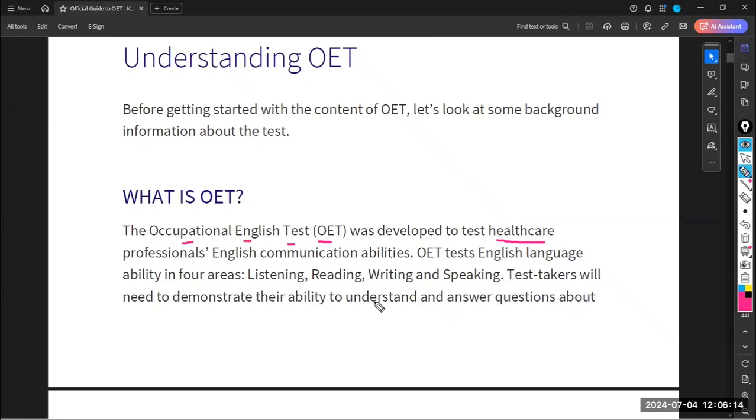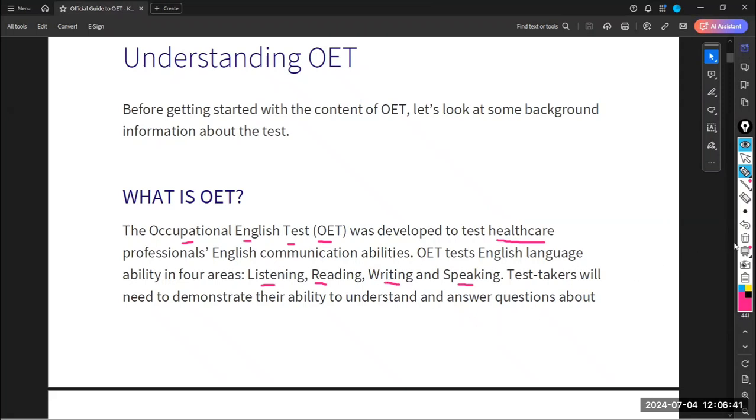So absolutely, like the IELTS exam, we have listening, reading, writing, and speaking. Every format is different in the OET exam. I mean, the listening module in the IELTS exam, Joel, is completely different from the listening in the OET exam. It is the same for reading, writing, and speaking.